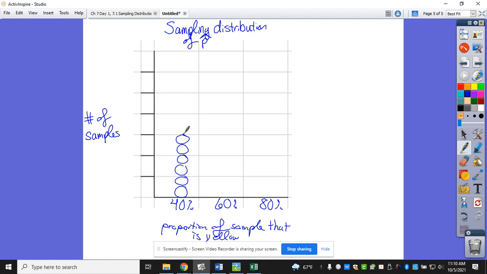How many did we end up with that were 60%? 12. And how many did we end up with that were 80%?